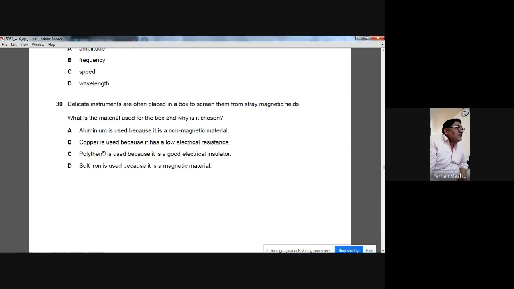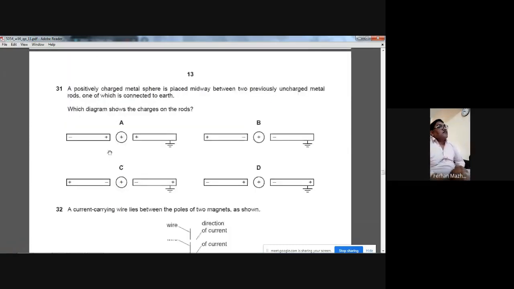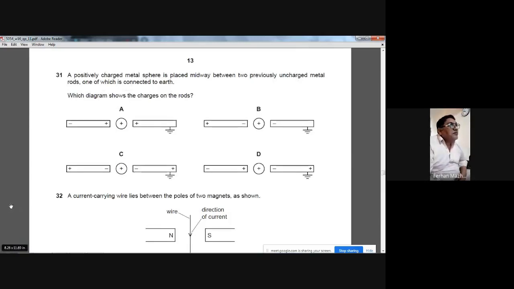And then the next question is, a positively charged metal sphere is placed midway between two previously uncharged metal rods, one of which is connected to the earth. Which diagram shows the charges on the rods? In the middle we have put a positive charge, so the two ends should get negative charge.